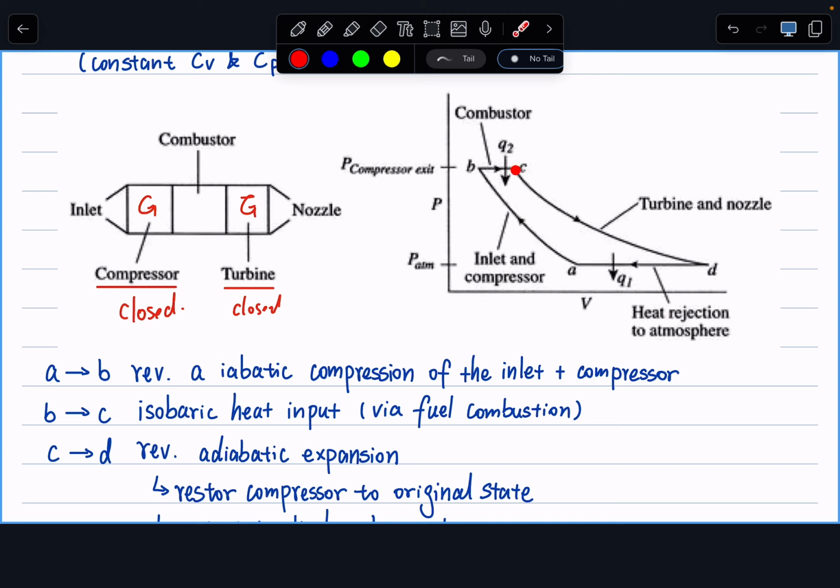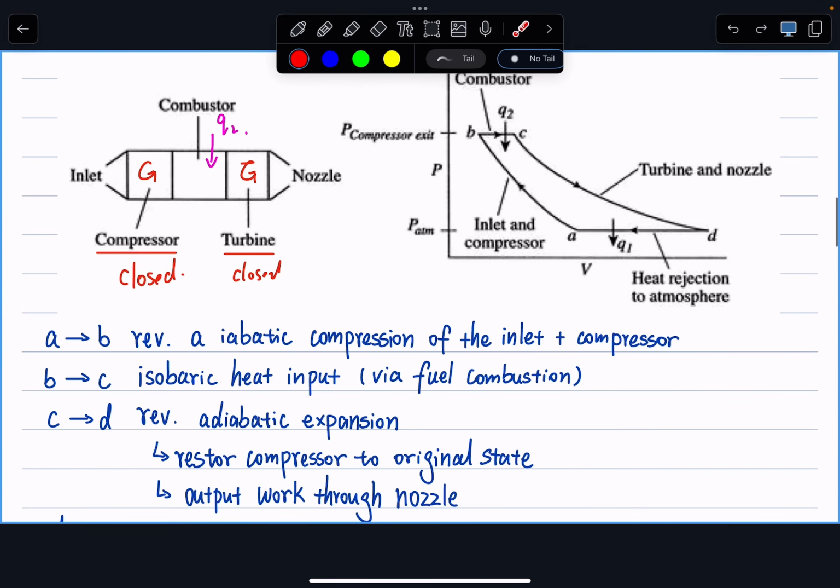Next, from B to C, we have isobaric heat input. We call this one Q2, the heat being transferred into the system. From C to D, we have fuel combustion. After the fuel combustion, we have heat input into my system, so the gas will absorb heat.